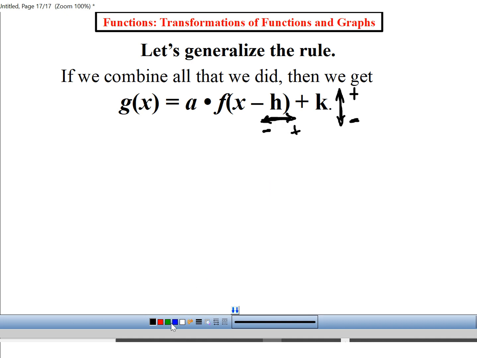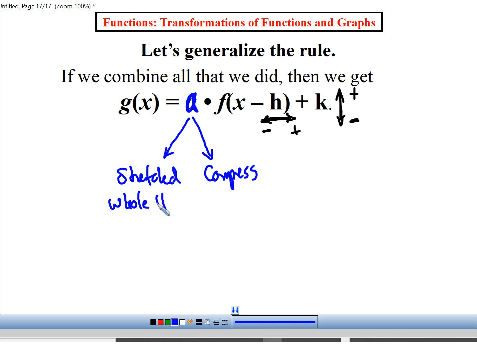And our new one, I'm going to change to blue, which is the parameter a. That one does two things. We said it did what? It stretched or compressed. Stretch if it's a what? Whole number. Compress if it's a fraction or decimal.